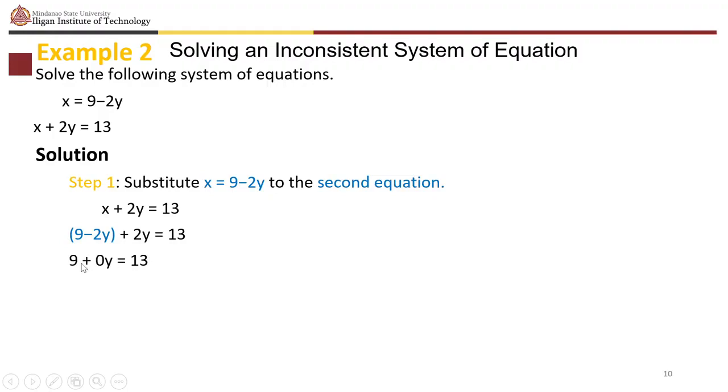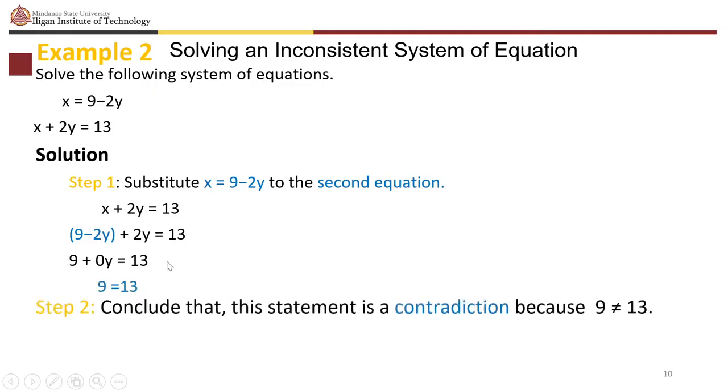You now have minus 2y and plus 2y, so it becomes 0y. Therefore, you come up with 9 equals 13, which is not true. So this statement is actually a contradiction because 9 is not equal to 13. So the system therefore has no solution because you come up with an inconsistent system of equations.